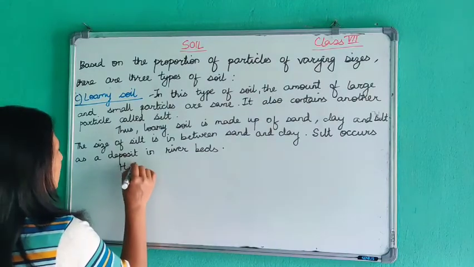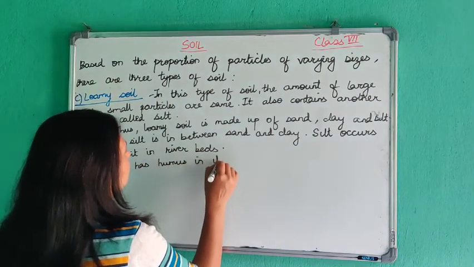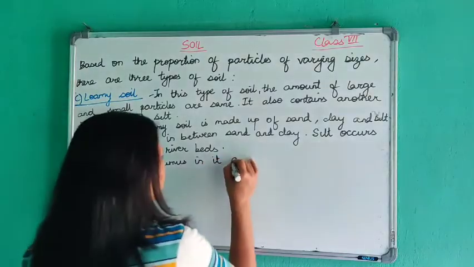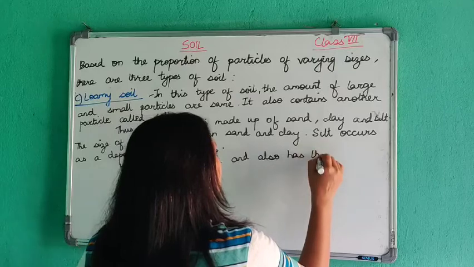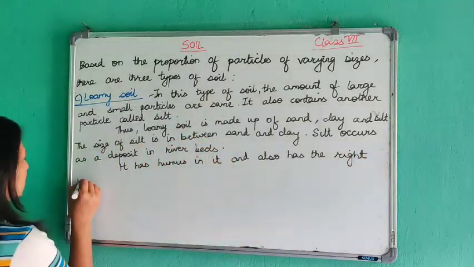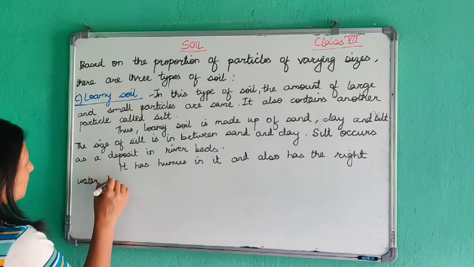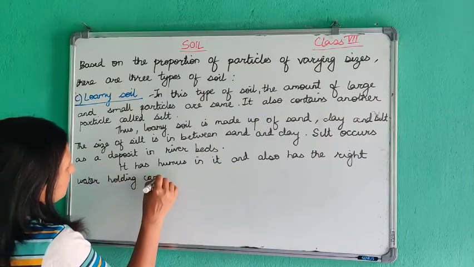River को साइडमा यो silt पाइन्छ अनि it contains humus in it. So humus ले के गर्छ? Soil लाई fertile बनाउँछ and also has the right water holding capacity. पानी पनि ठिक्क मात्रामा हुन्छ, हावा पनि ठिक्क मात्रामा हुन्छ, humus पनि हुन्छ.